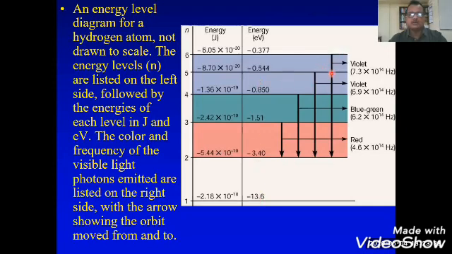So when it drops from a higher orbit to a lower orbit, it gives out the difference of energy in the form of a photon. When an electron jumps from the third orbit to the second orbit, the radiation emitted will be 4.6 into 10 to the power of 14 Hertz, which is the frequency of red light.